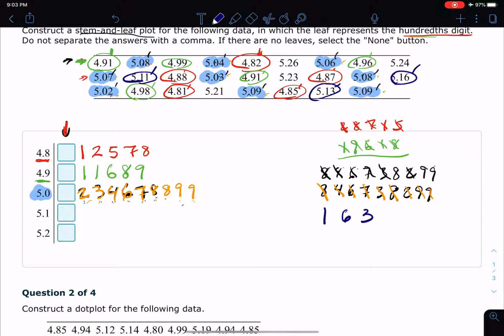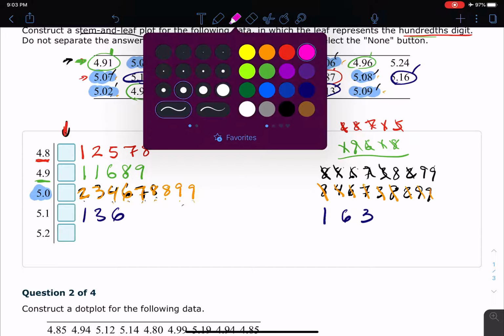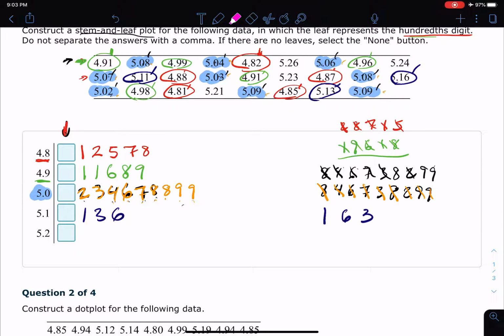This should be pretty easy to put in order. It's just 1, 3, 6.